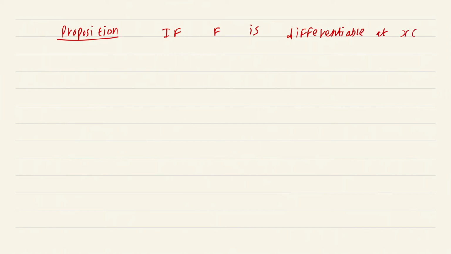Proposition: if f is differentiable at x in U, then f is continuous at x. Well, how do you prove this?